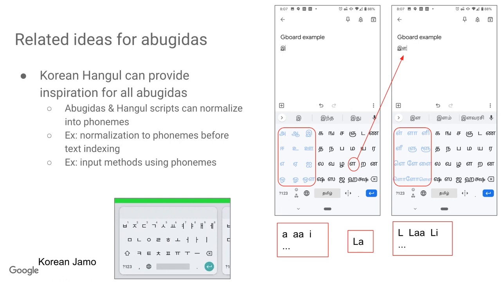When the consonant la is pressed, then all of the vowels turn into consonant vowel combinations. So a turns into la, i turns into li, and so on. But then on the next key press, no matter what it is, those blue keys will change once again, and this causes a flickering.